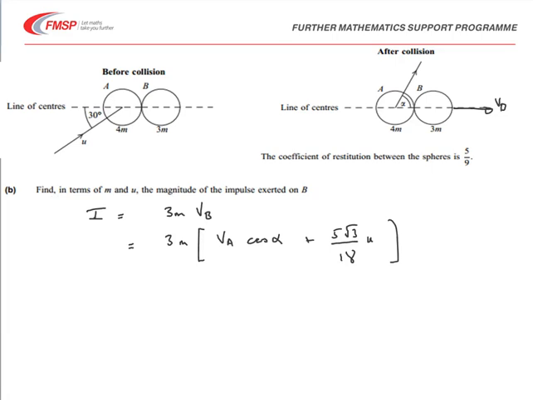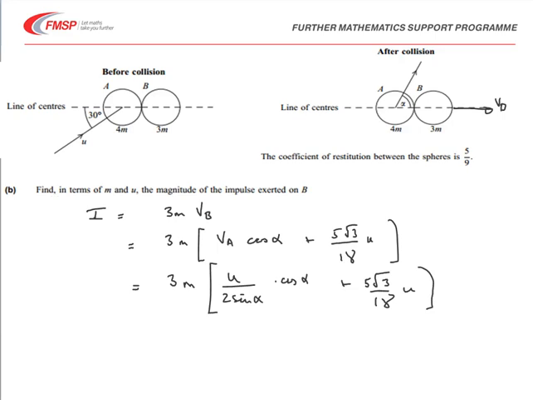And finally then the velocity of A, that was equal to u over 2 sine alpha. So substituting that, we get 3m times u over 2 sine alpha multiplied by cos alpha plus 5 root 3 over 18 u.